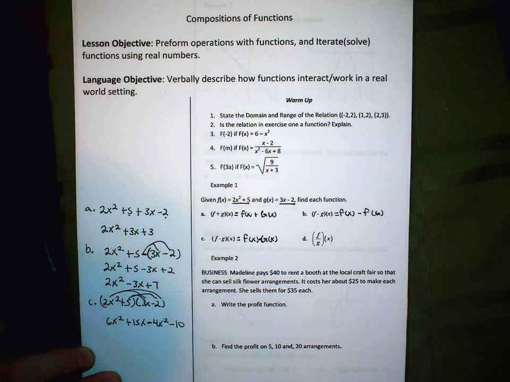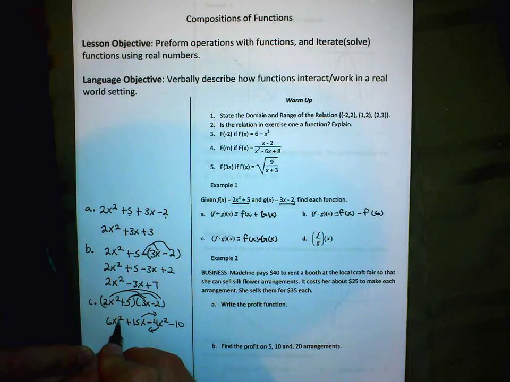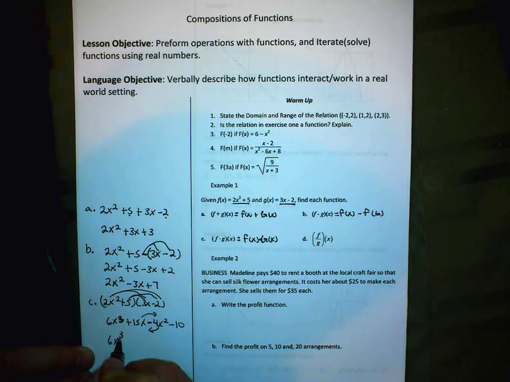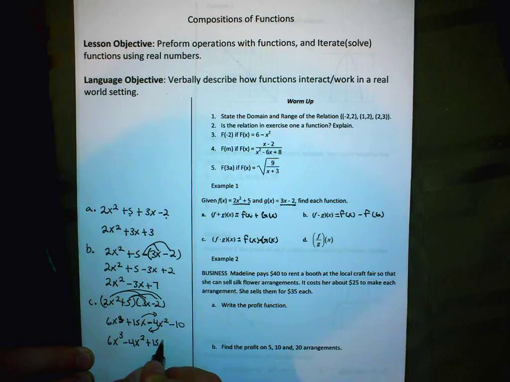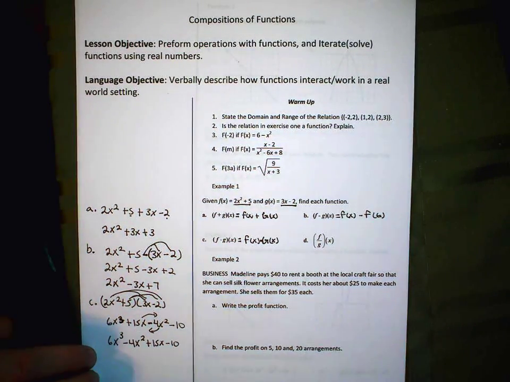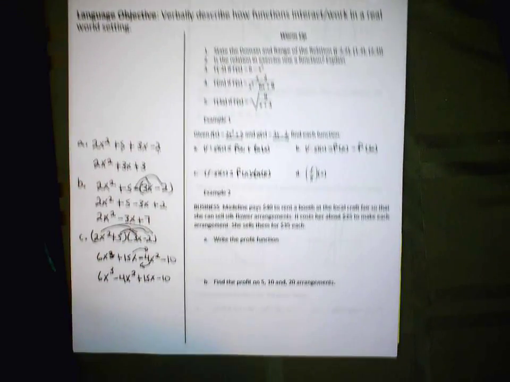In this instance, I don't have any like terms, and I can leave it like this, or I can reorder these two so that I have them in the correct setting. So that should be 6x cubed minus 4x squared plus 15x minus 10.